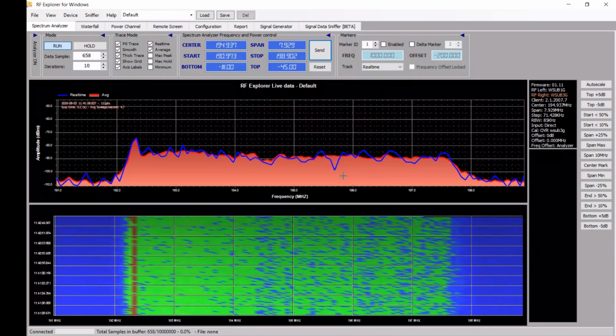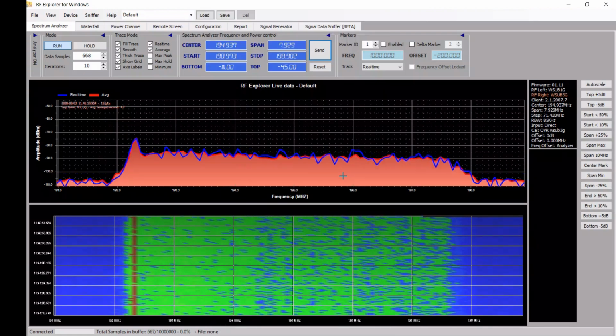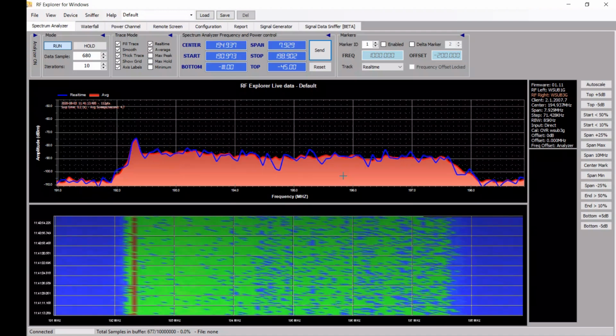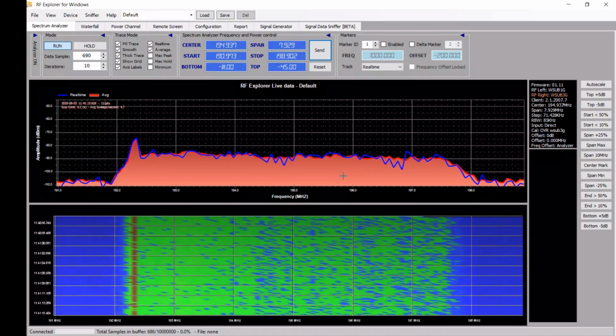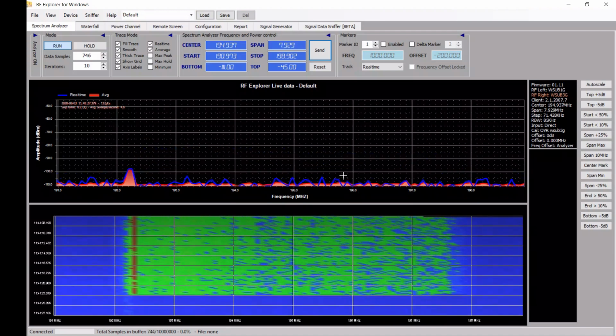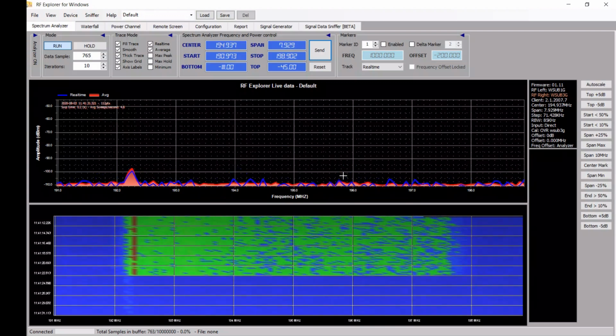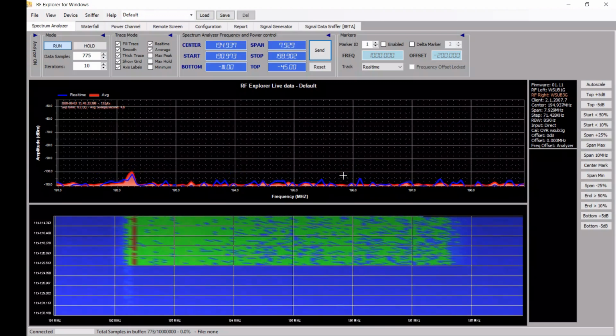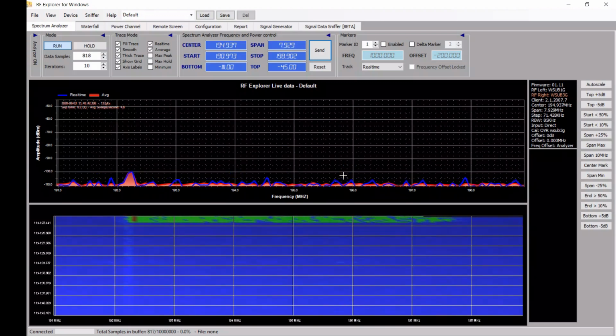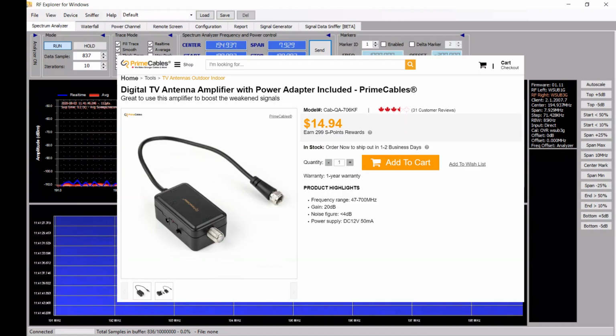Now I'm going to disconnect the antenna from the spectrum analyzer and put in an amplifier. So now we basically have nothing, just the noise floor of my spectrum analyzer because nothing's connected. This amplifier is, I think, spec'd at 26 dB.